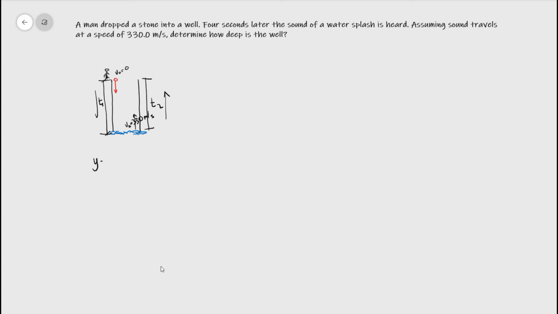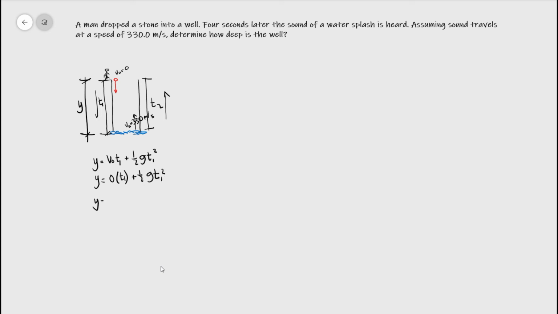Now for the stone traveling downward, using the kinematic equation, y is equal to V0 t sub 1 plus 1/2 g t sub 1 squared. Since the initial velocity of the stone at the top is equal to 0, the y the stone traveled is 0 times t sub 1 plus 1/2 g t sub 1 squared.